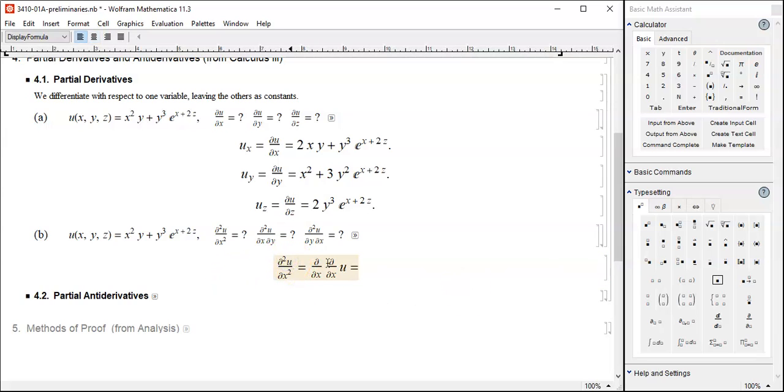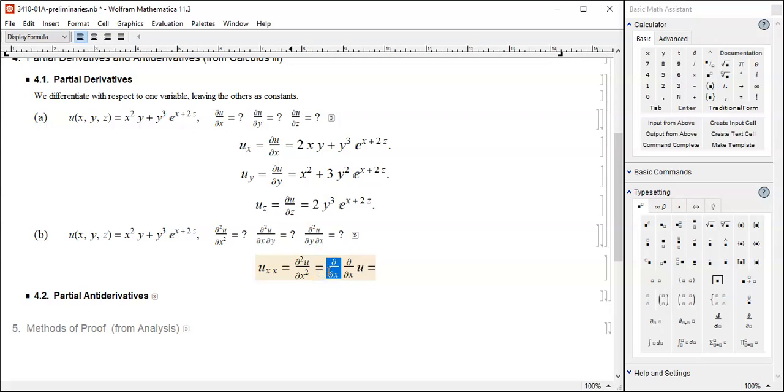So d times u, that's the numerator, and dx times dx. Or equivalently, you write that u sub xx. Take the derivative by x, and then take the derivative by x again.